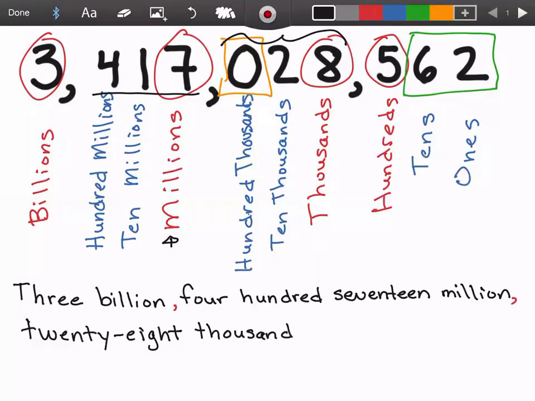And again, if you want, you could put a comma in between. It's certainly not necessary. And then the last 3, there's a 5 in the hundreds place. And again, we want to write out the words for everything that's in red. So billions, millions, thousands, hundreds. So this is going to be 500. 62.